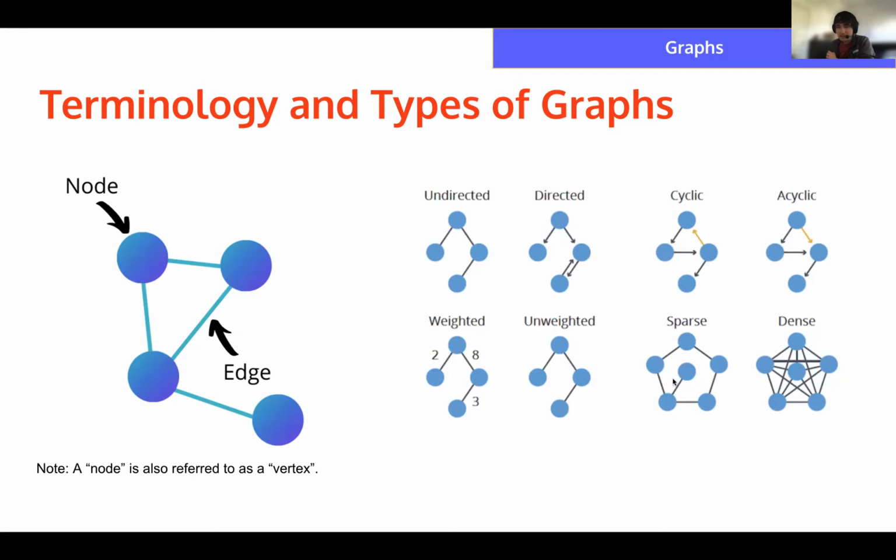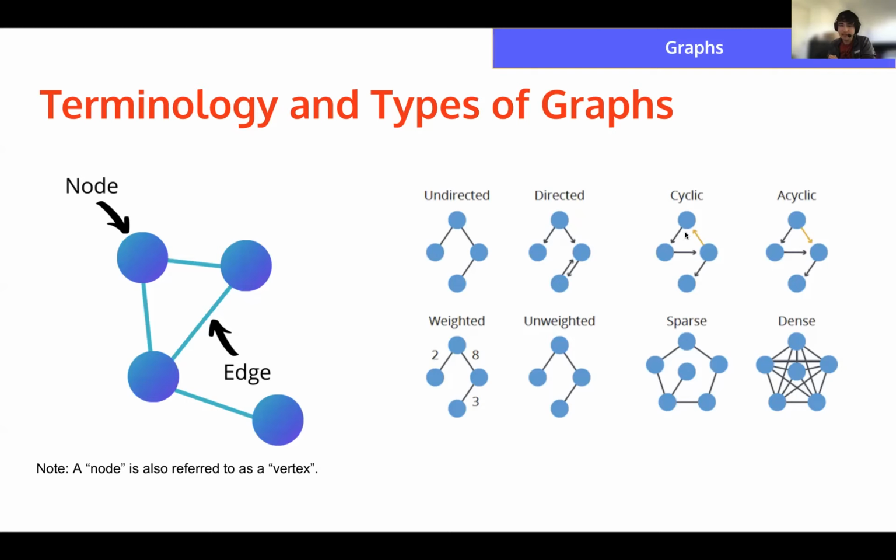Some of the ones in the bottom right are a little less important: sparse and dense. Sparse generally means there are not that many edges in the graph. Dense means there are a lot of edges. Those are a little subjective depending on the graph you're working with. The ones in the top right are an interesting property: once you start working with directed edges, you can start to get cycles.